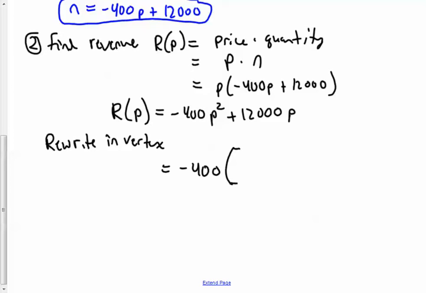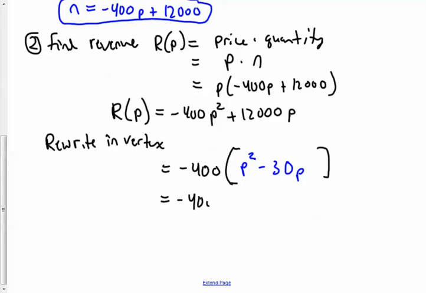So it's negative 400 times, well, on the inside I should get p squared, and dividing out the negative 400 into the 12,000, I should get a minus 30p.